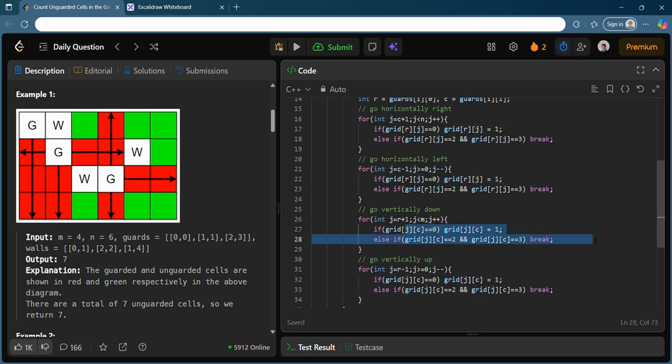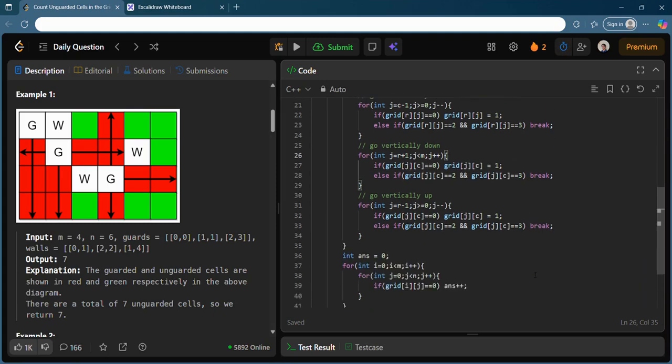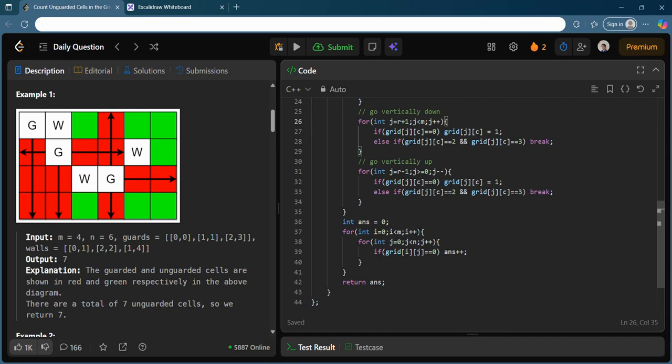And column will be fixed, and j will be iterating, the row should be iterating. Okay, and if we are going vertically down, it will be less than m only, and vertically up will be greater than equals to 0. And whenever we find that grid ij is equal to 0, you can just increment your answer.